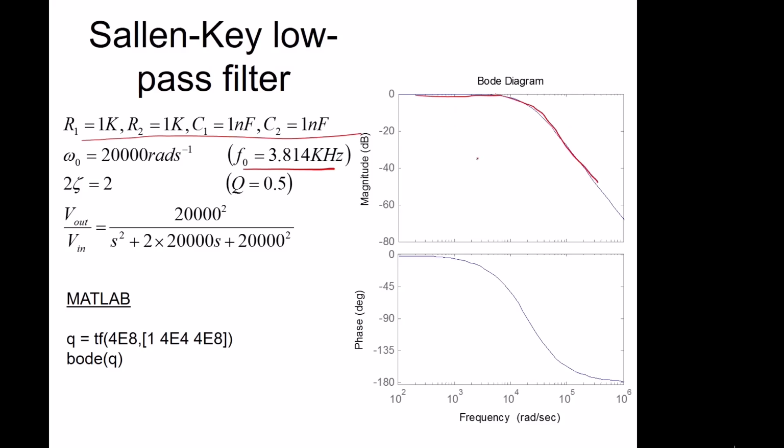Two things to notice: this roll-off is steeper, so the transition is steeper in this case, so it's a better performing filter. And then secondly, our phase change in this case is 180 degrees in total. So the 3 dB cutoff point on here corresponds to a 90-degree phase shift.